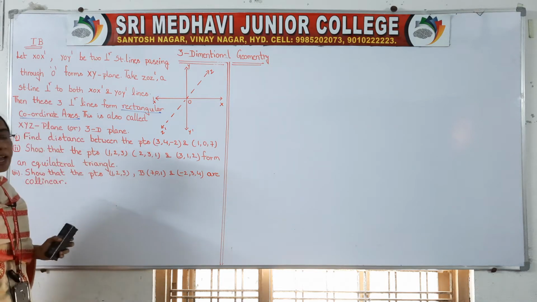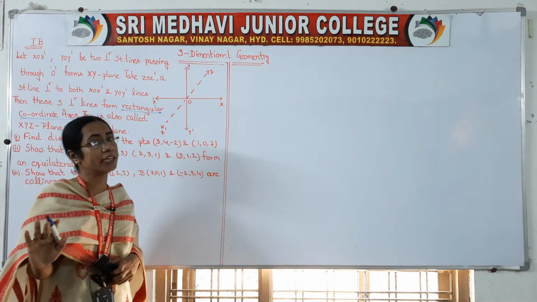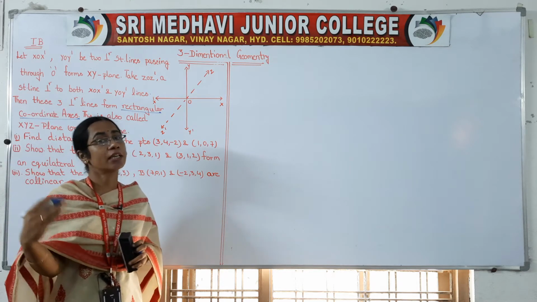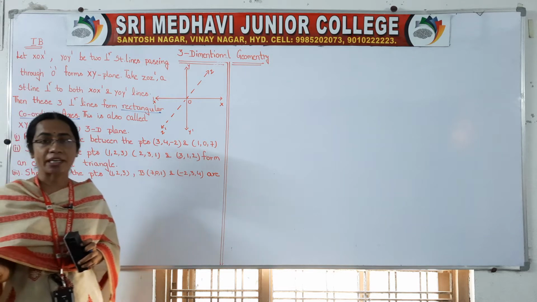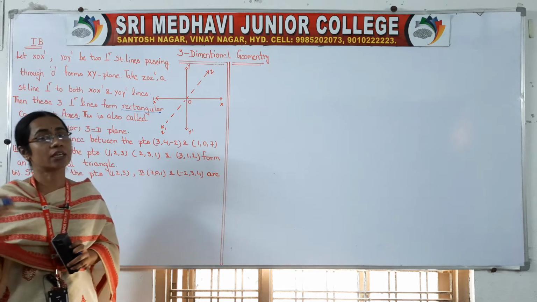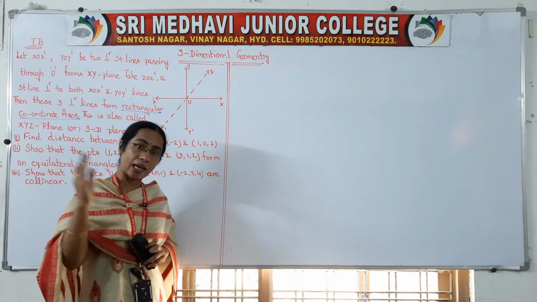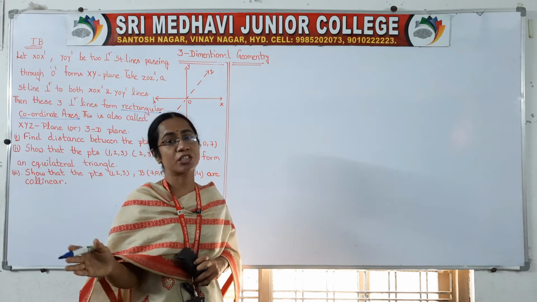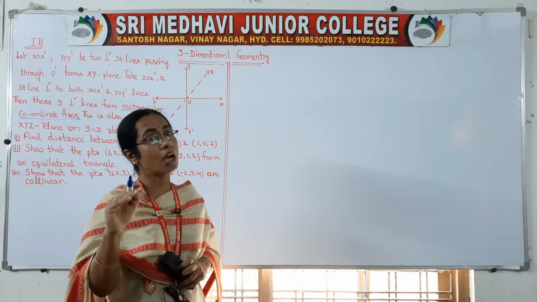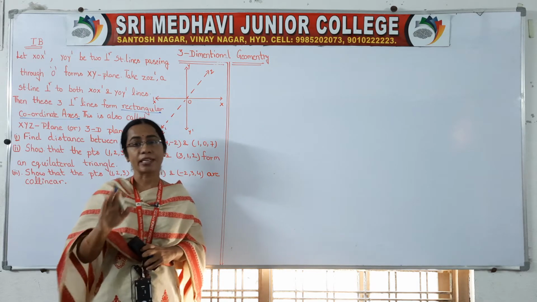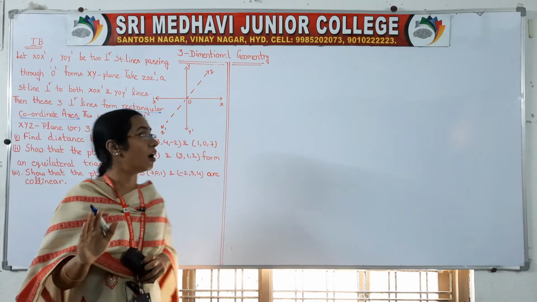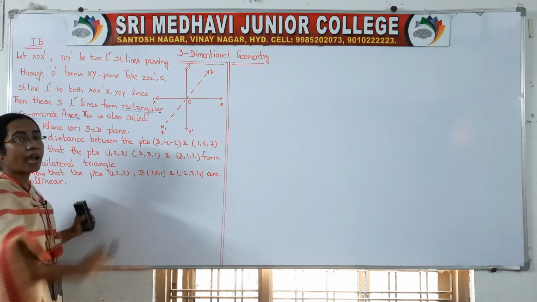Previously, with only x and y, two perpendicular lines passing through the origin form the xy plane, or coordinate plane, or 2D plane. Along with these two, if I take another straight line z dash, which is perpendicular to x as well as y and passes through the origin, then these three perpendicular lines form the xyz plane, or rectangular coordinate axis.